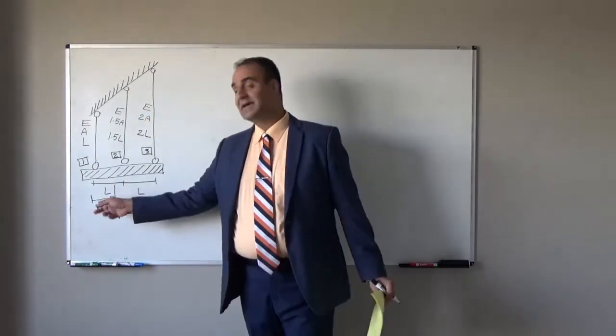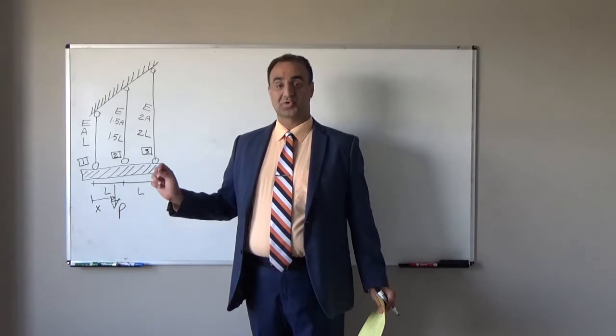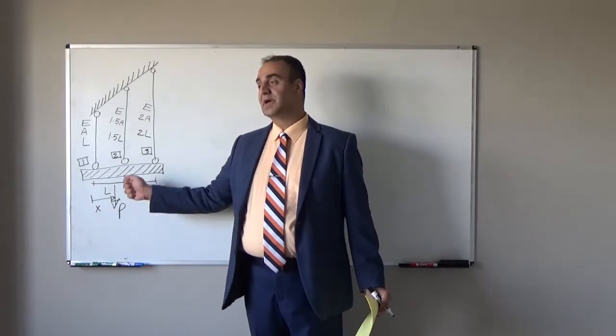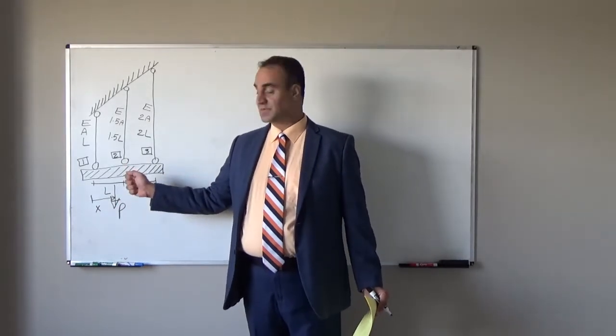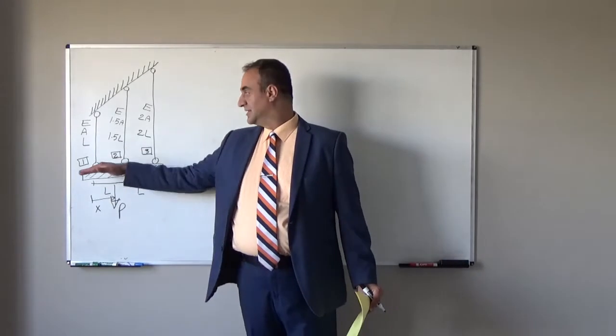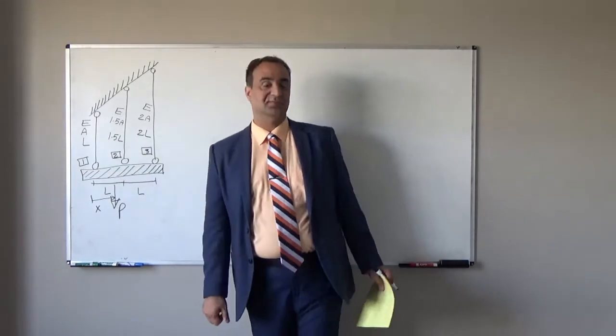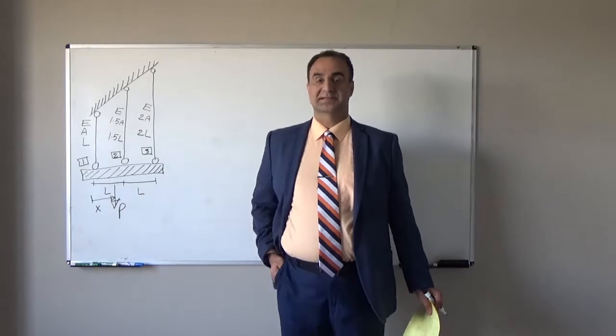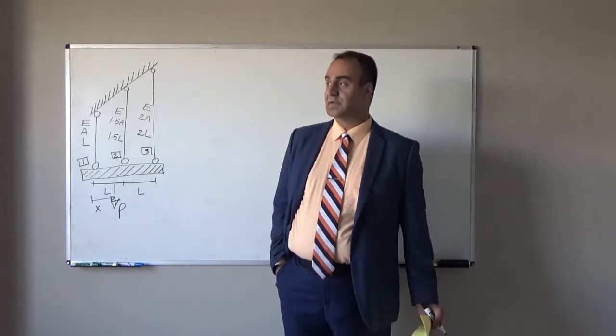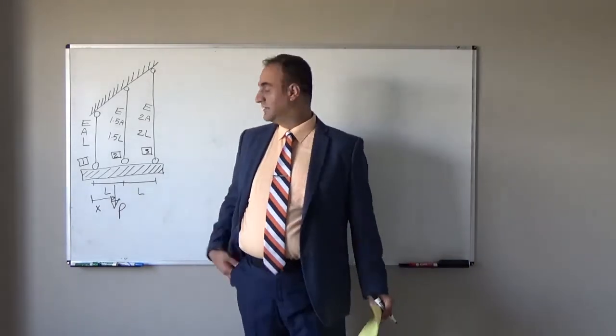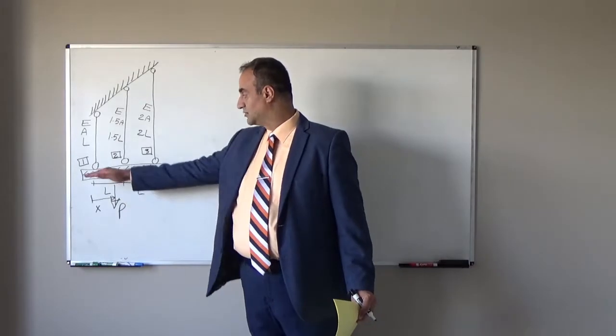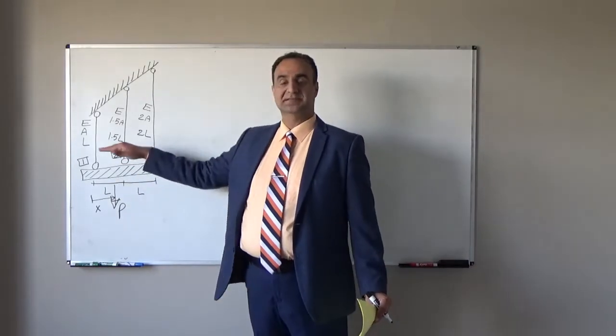We want to find X in a way so that after applying this external load, after deformation, this rigid beam remains horizontal or level. In the initial location, before we apply the external load, you see it is horizontal, it is level.